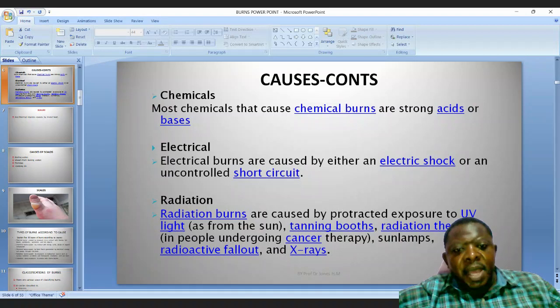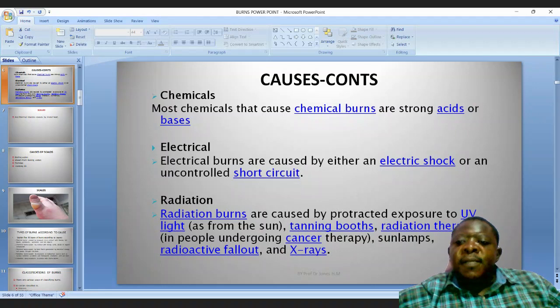This may constitute overexposure to the sun. There are others that may go for tanning booths to help with their skin. Tanning booths use ultraviolet light, so if there is overexposure, it may result in burn injury.